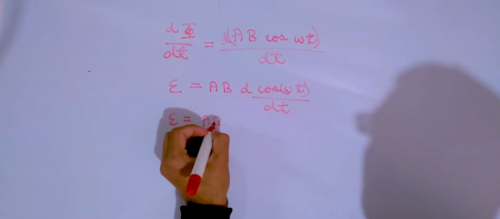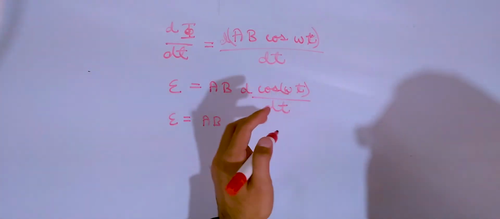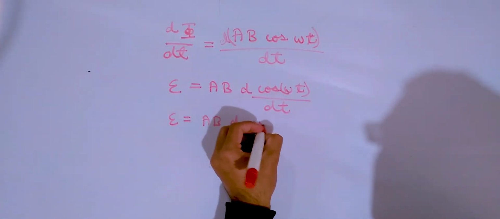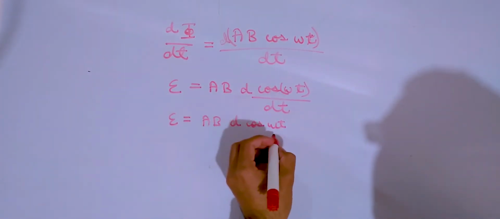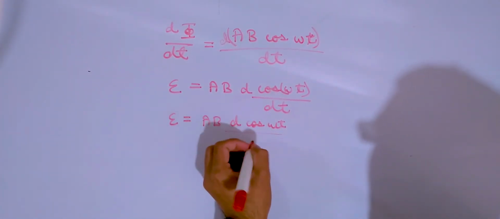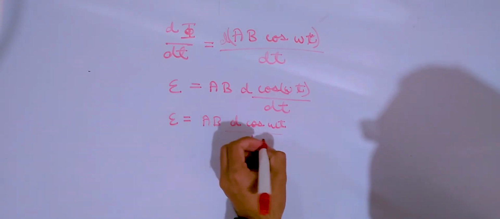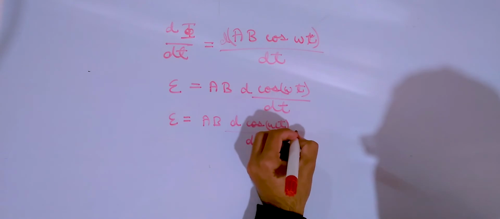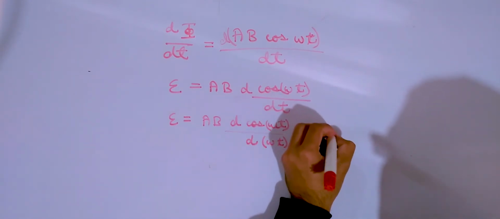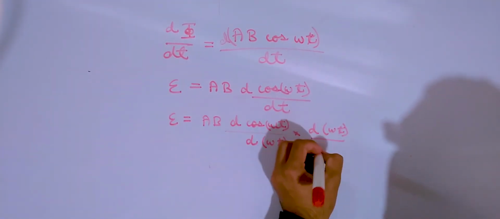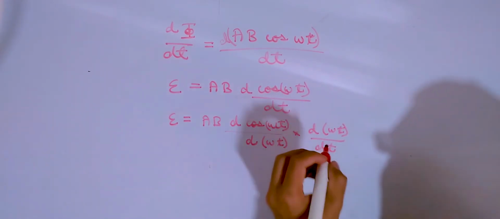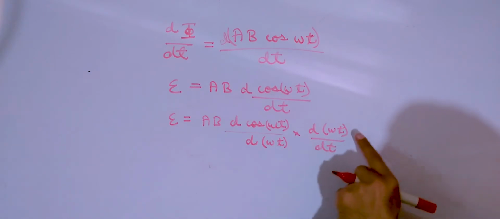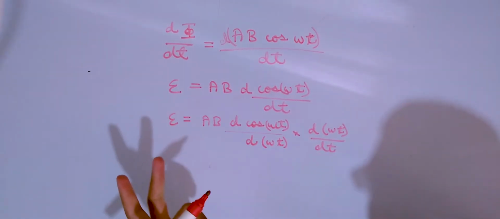AB remain AB. Now I can write this as d cos omega t by d omega t, into d omega t upon dt. What I've essentially done is multiply the numerator and the denominator by d omega t, so that should not make a difference.